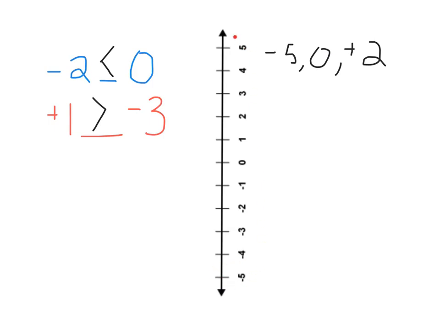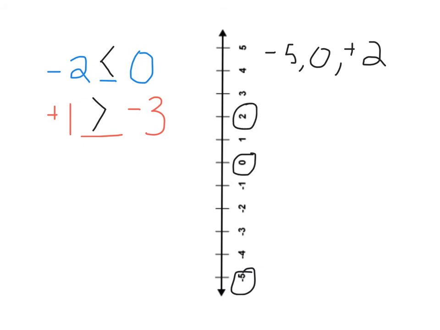Greatest is up at the top. So we're going to want to start at the one that's lowest on the number line. So I'm going to mark that right here. We've got negative 5. We have 0. And we have positive 2.